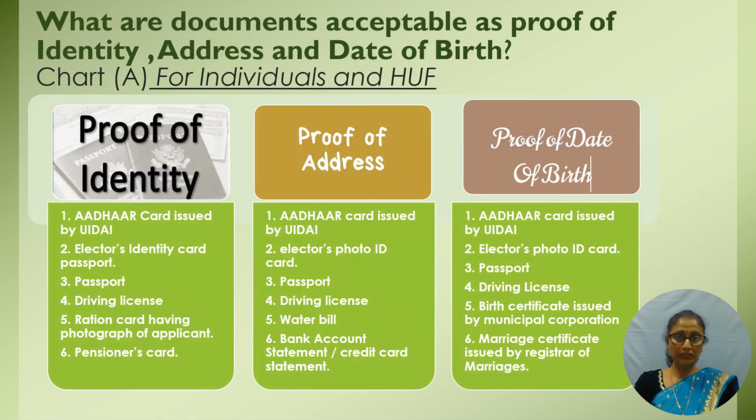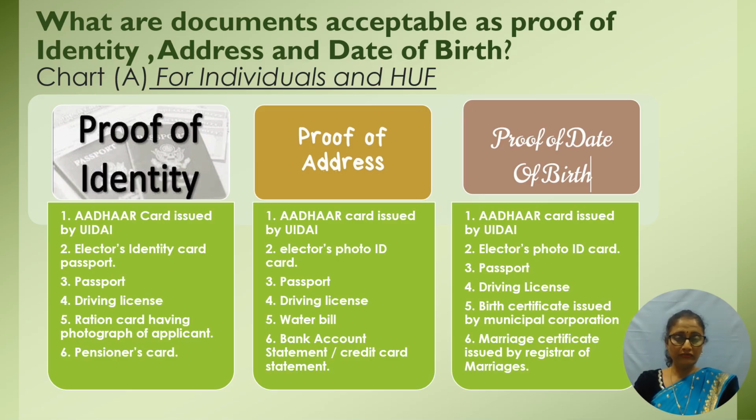What are the documents required for applying for PAN? For individuals and HUF, we have to give documents as proof of identity, proof of address, and proof of your date of birth. So Aadhaar is one document which serves all the purposes. However, besides Aadhaar, you can give proof of ID in the form of voter ID card, passport, driving license, or ration card.